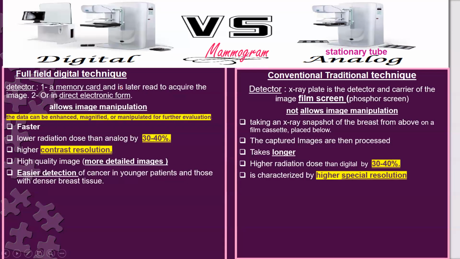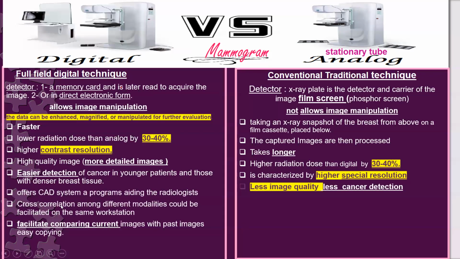The digital system has high quality images, so it facilitates more detailed images and easier detection of breast cancer, especially in young women and denser breasts, while the low quality image of conventional reduces cancer detection.